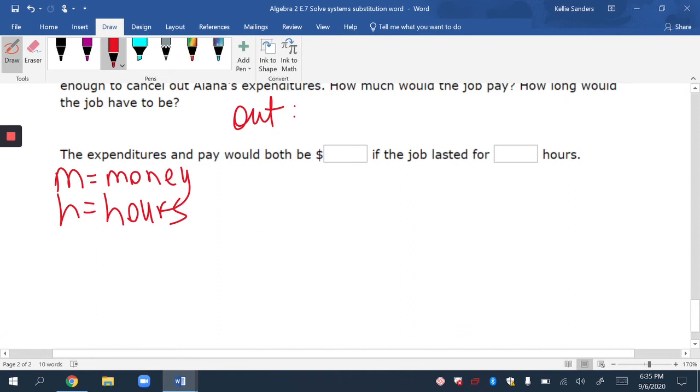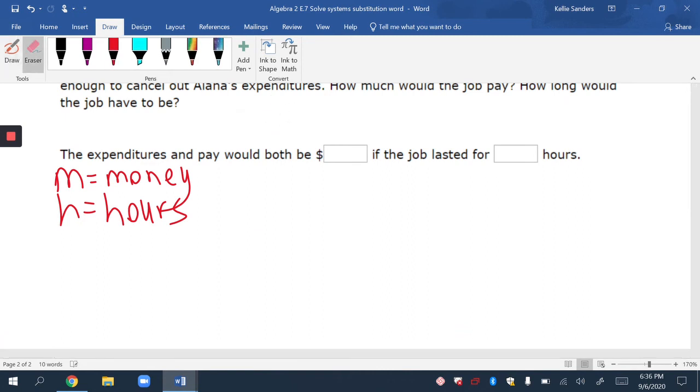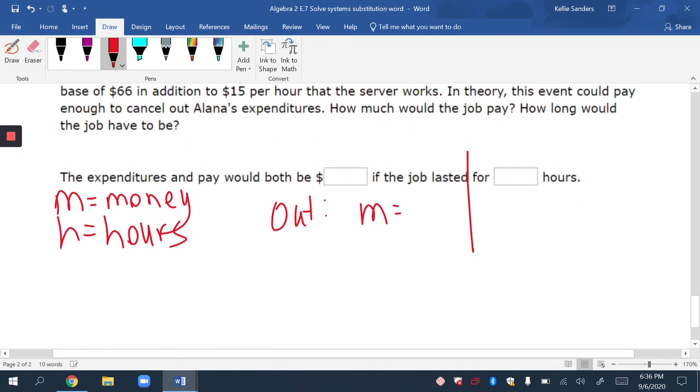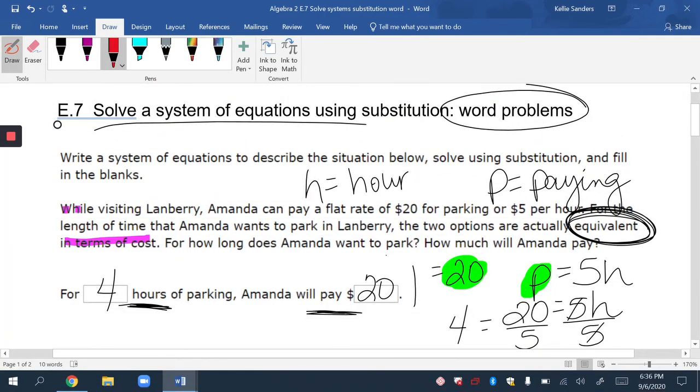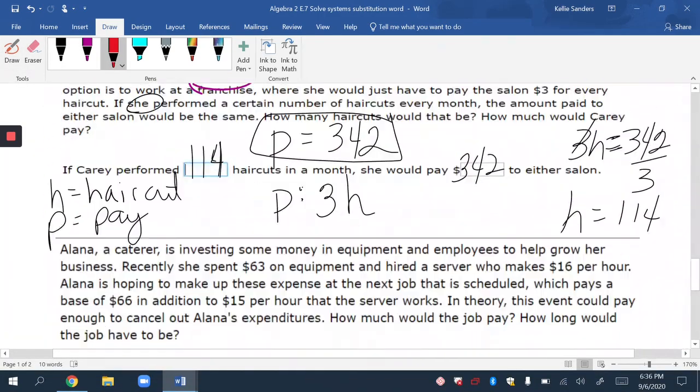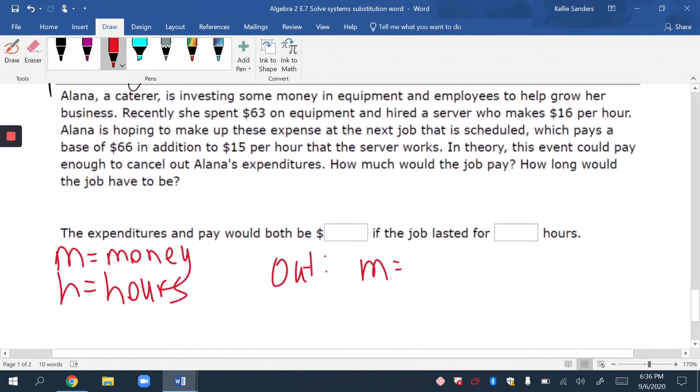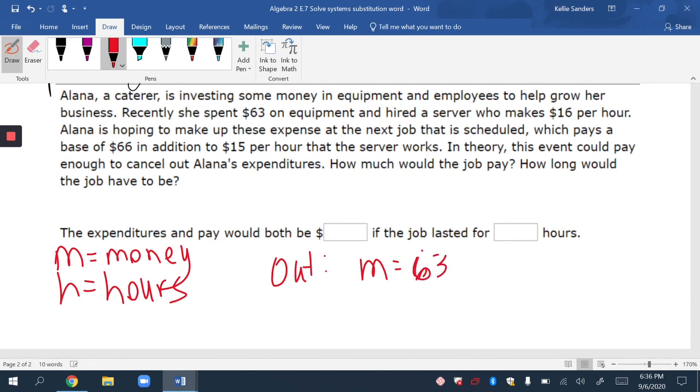Her money that she's out is $63. Then $16 per hour for her helper.